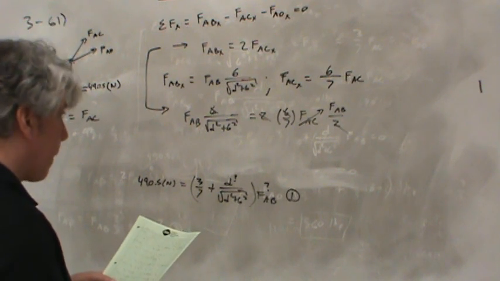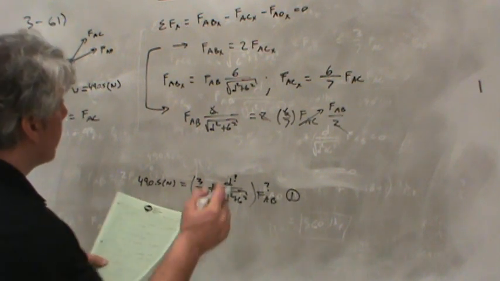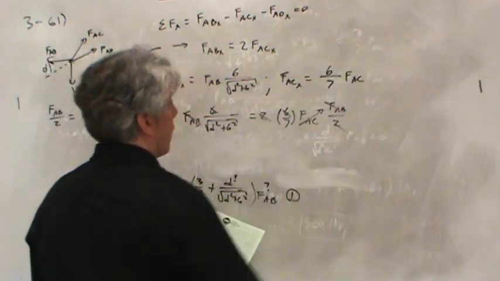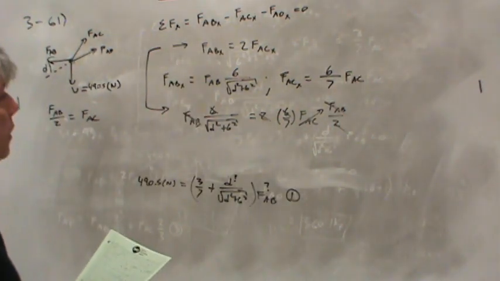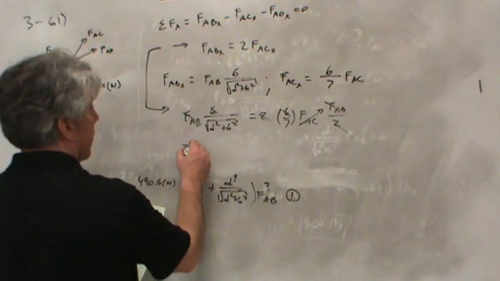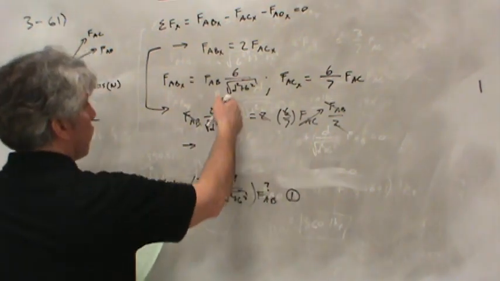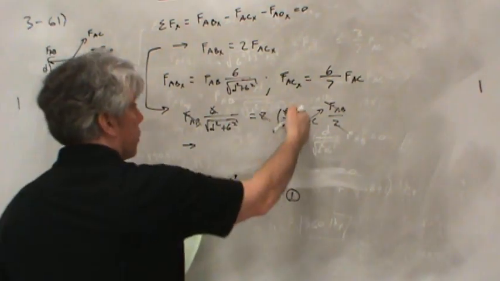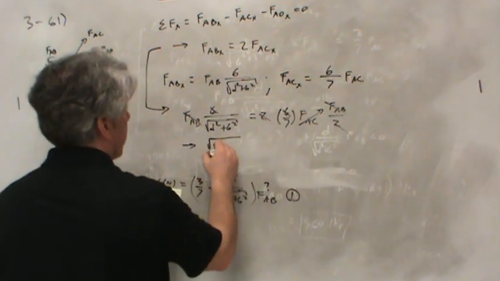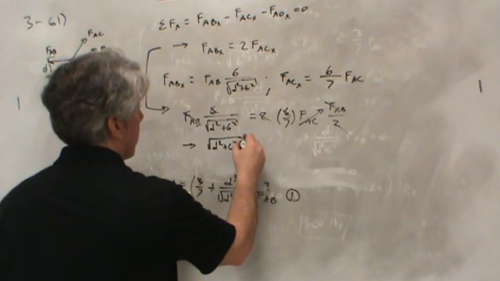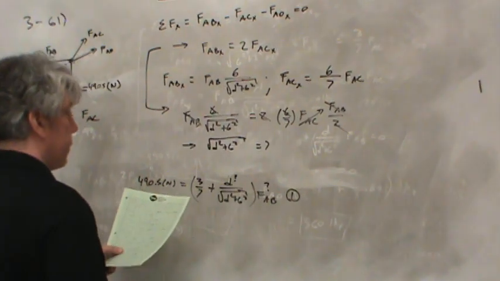Actually, FAB cancels, doesn't it? So the only thing that's left is 1 over the square root of d squared plus 6 squared equals 1 over 7. So in other words, the square root of d squared plus 6 squared equals 7.